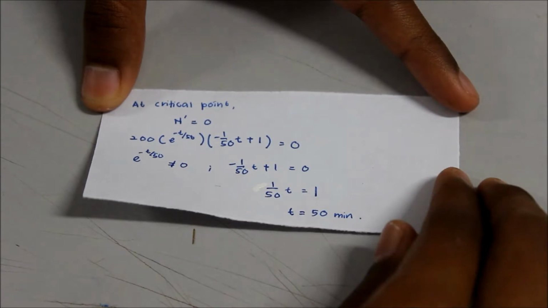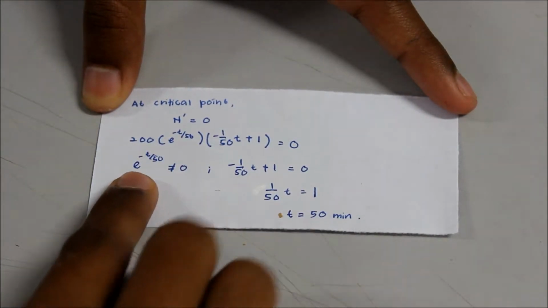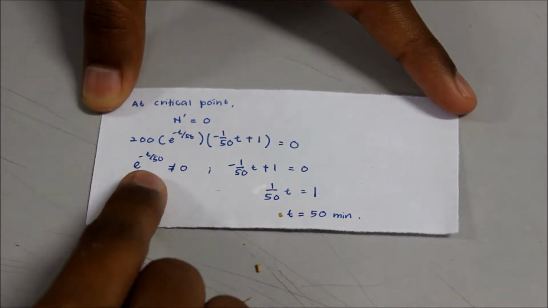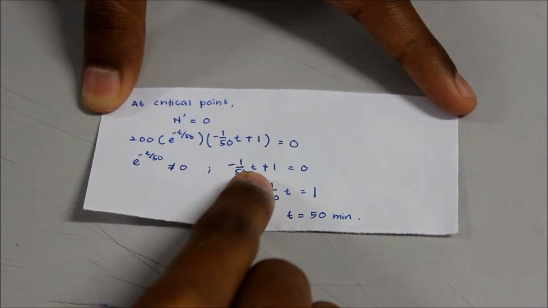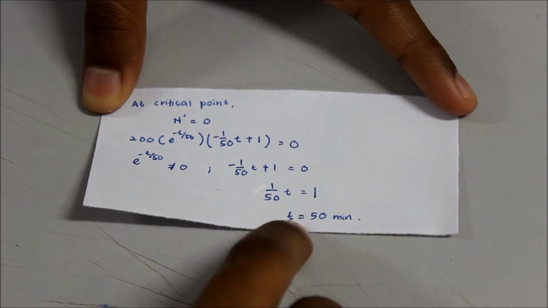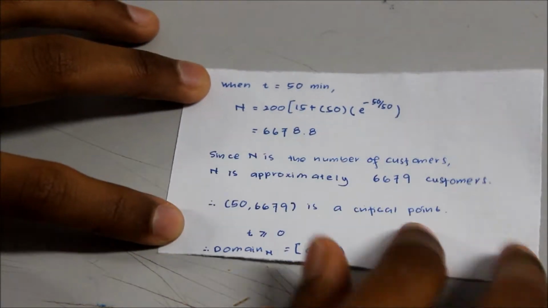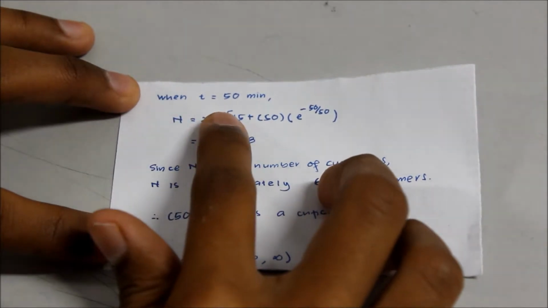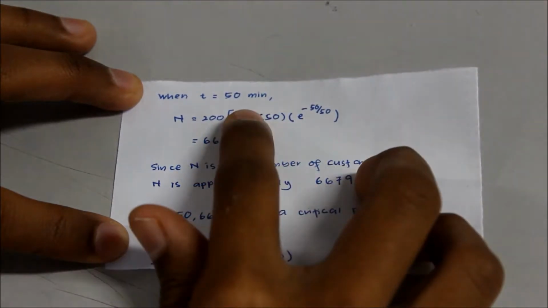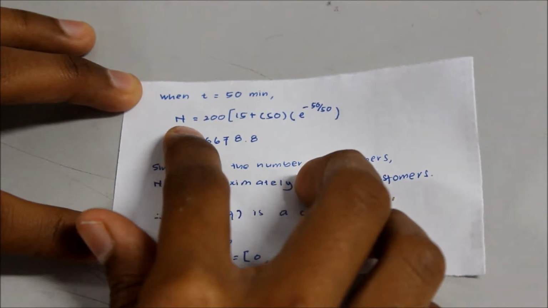To find the critical point, the first derivative is equal to 0. So we get e to the power of negative T over 50 is not equal to 0, and negative 1 over 50 T plus 1 equals 0. So we get T equals 50 minutes. When T equals 50 minutes, substitute T equals 50 into the N equation.